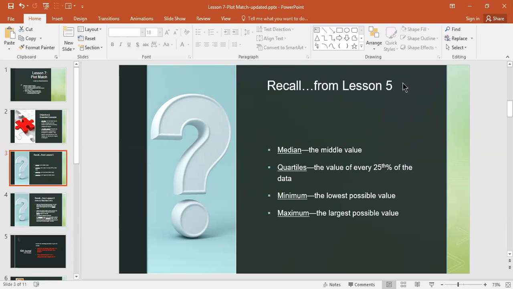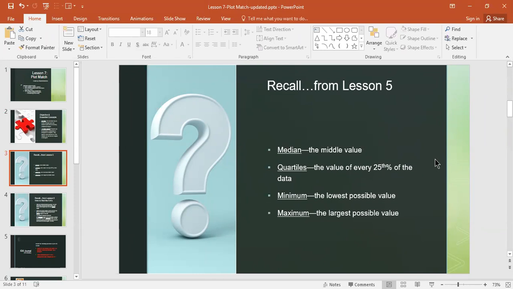So let's review from lesson 5, right? A dot plot, I'm sorry, not a dot plot, a box plot consists of these different values here. It has the median, right, which is that middle value of our data, okay, the middle value. It has our quartiles. Each value of a quartile represents every 25th percent of the data.